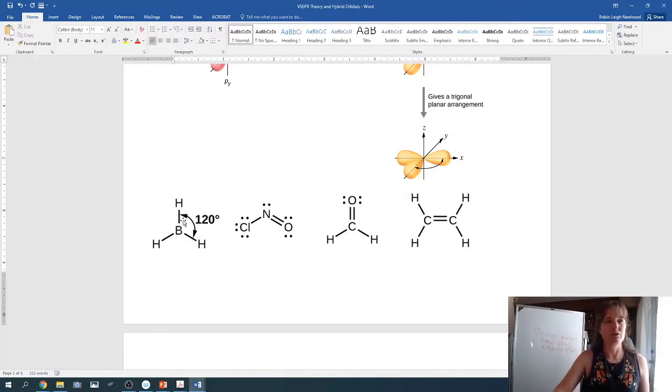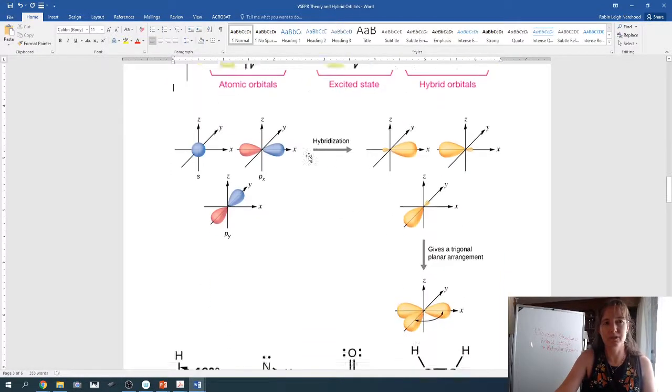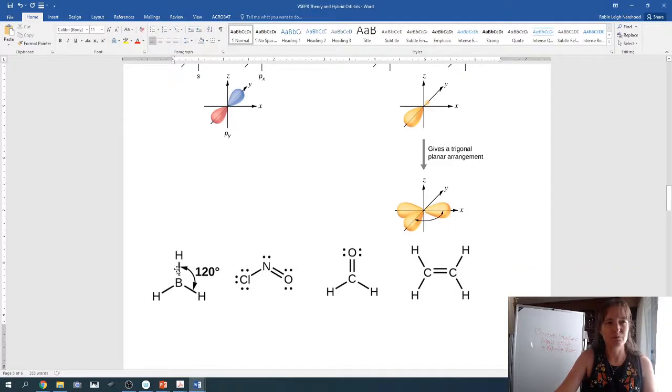And if you have those 3 orbitals, then the boron, you would use its s orbital and 2 of the p's to create the sp2, and so each of these would be an sp2 hybrid orbital.